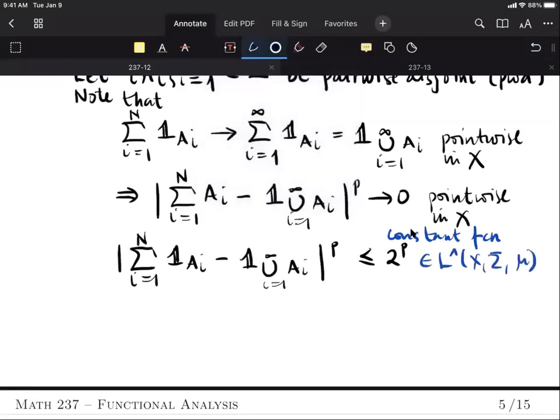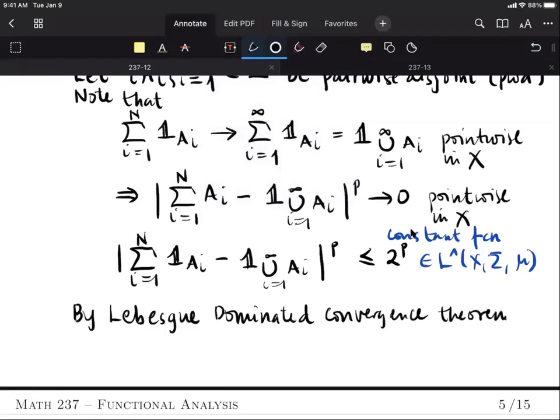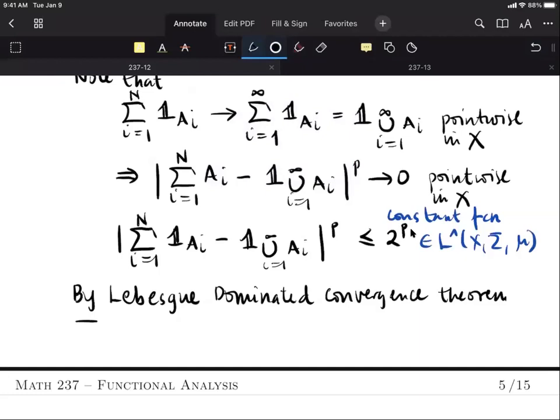So by the Lebesgue dominated convergence theorem, you can see that this to the power p tends to 0 in L1.